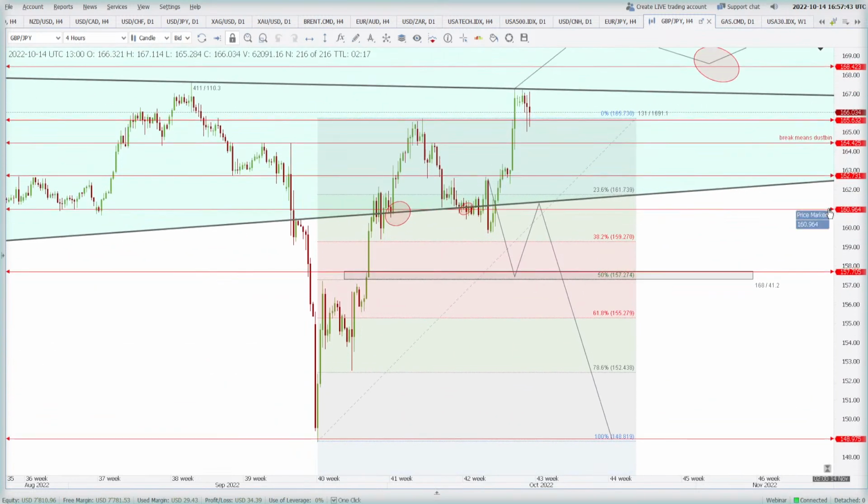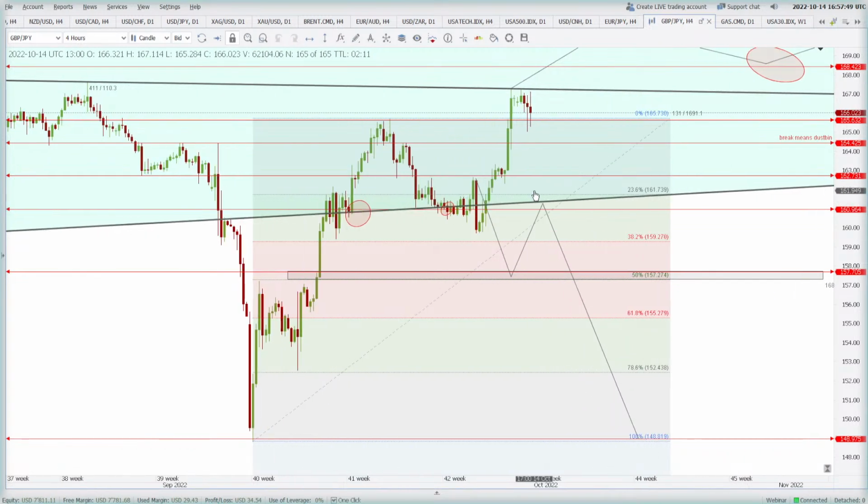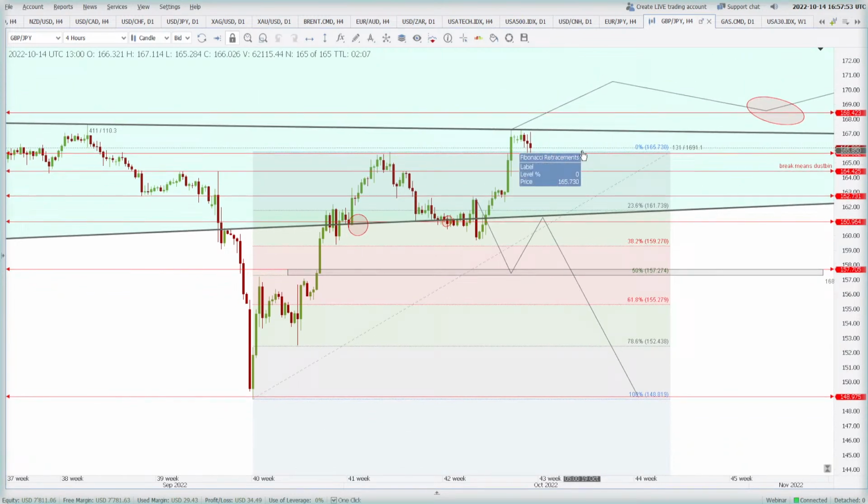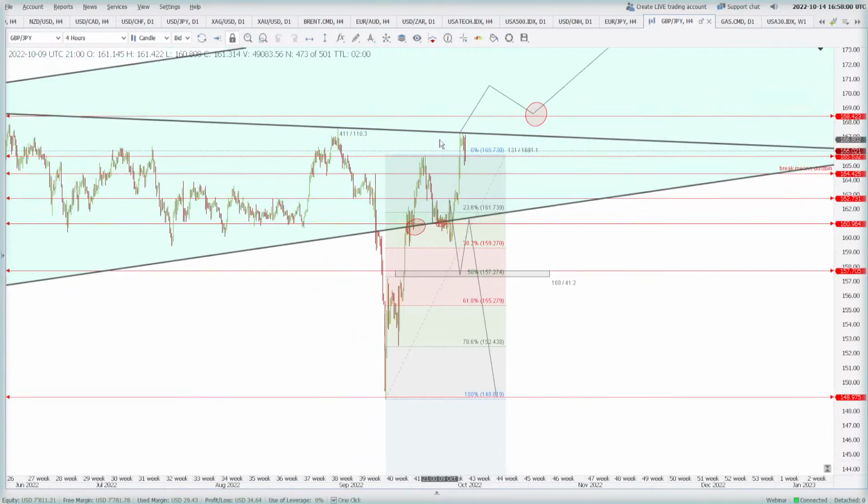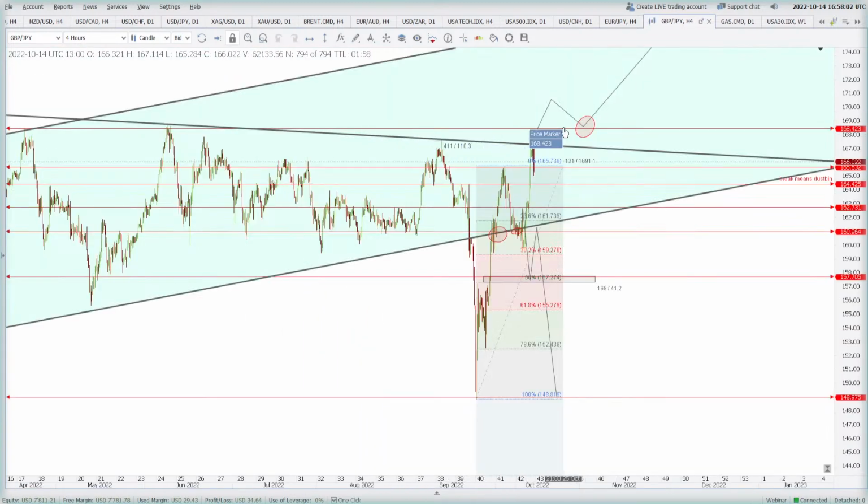Who knows? But for this, the pound has to manage some consolidation or see some strength before it breaks this area. There is the support, well, 165.63 is the immediate support for this one, and this falling trend line is the immediate resistance.